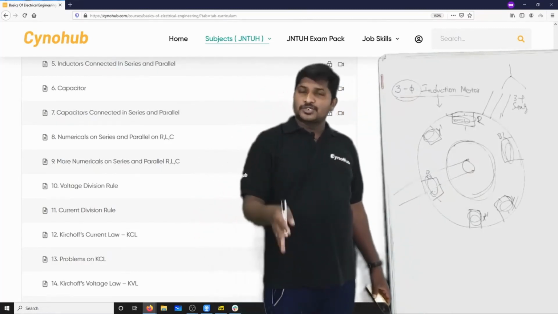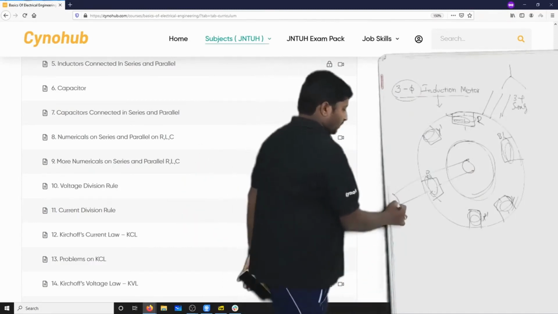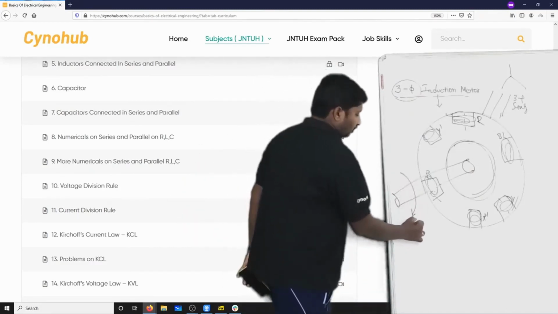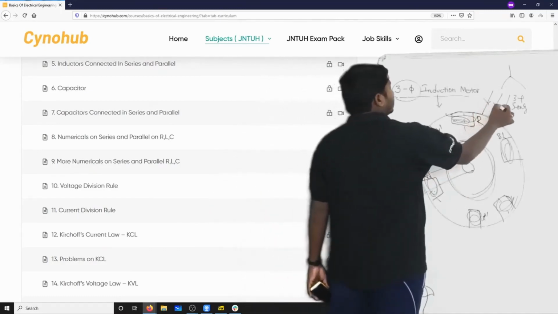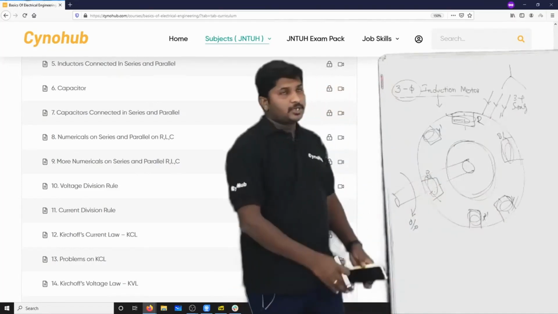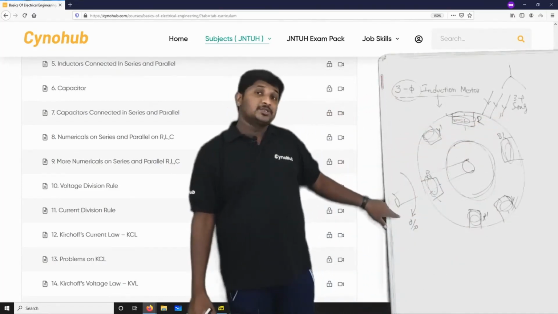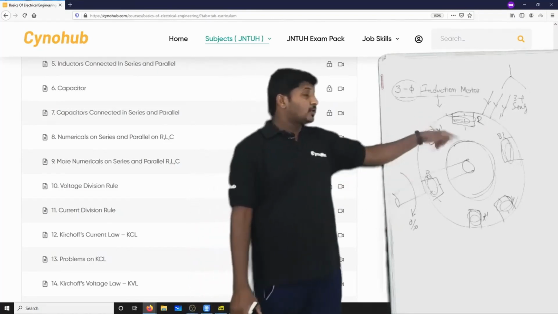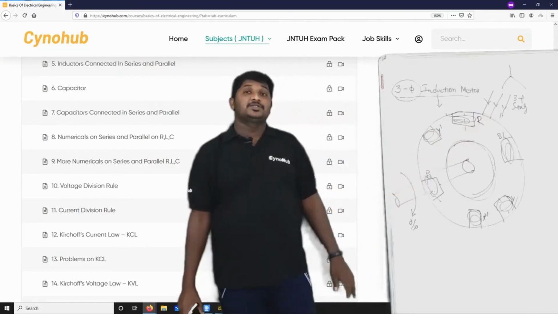A motor converts electrical energy into mechanical energy, that is why there is a shaft. Rotation is the output and electrical energy is the input. Hence the statement is satisfied: a motor converts electrical energy into mechanical energy.